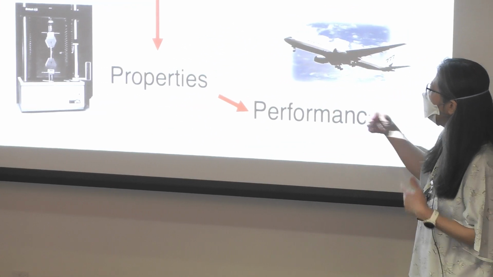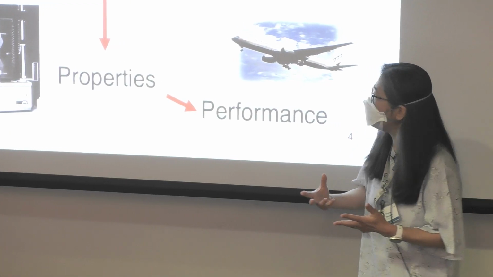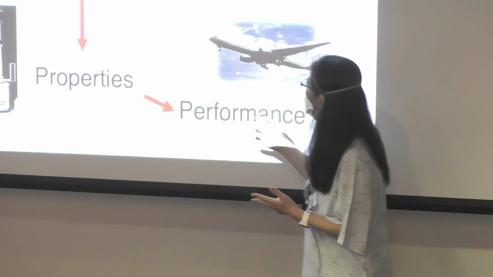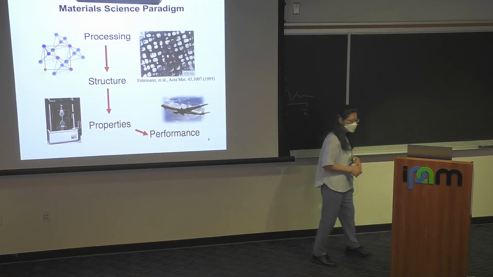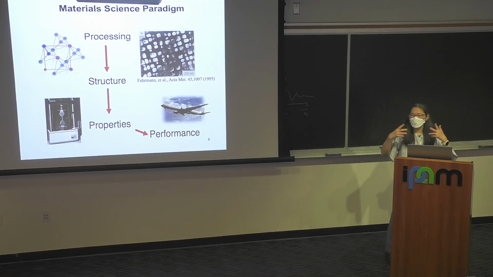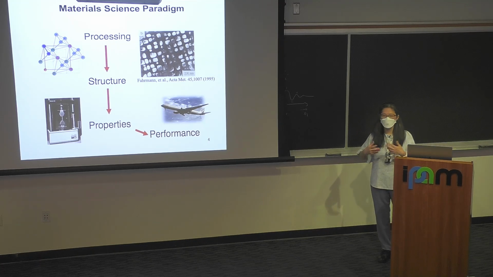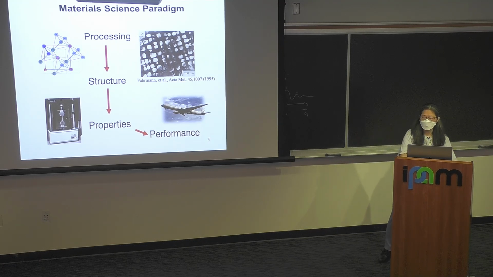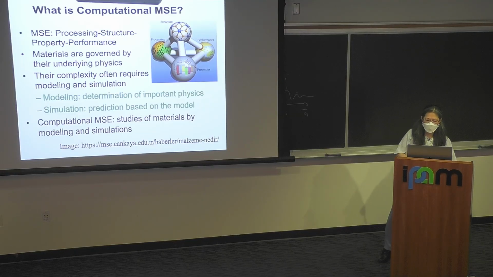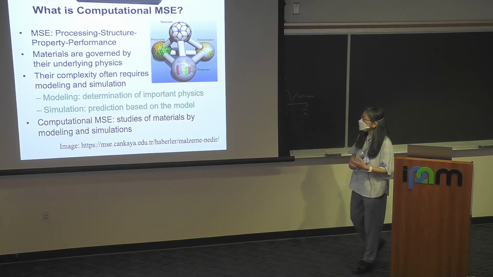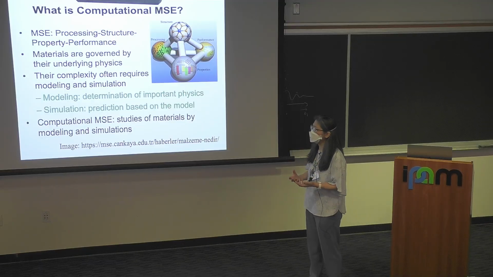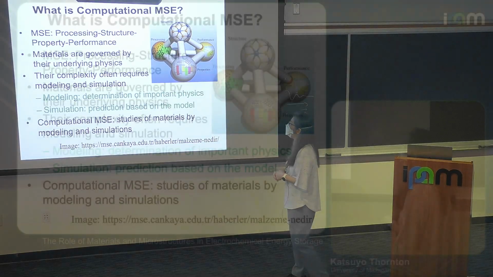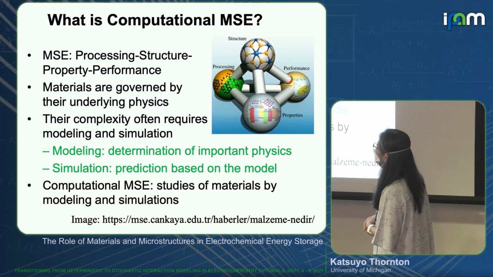And you want to actually manipulate all this in order to get the performance you need, to make things lighter, make things work better in general. And the way my group, and many of us here, approach this is with computational methods.